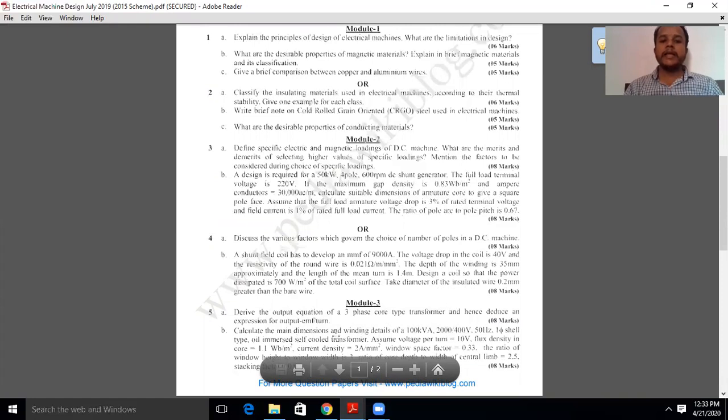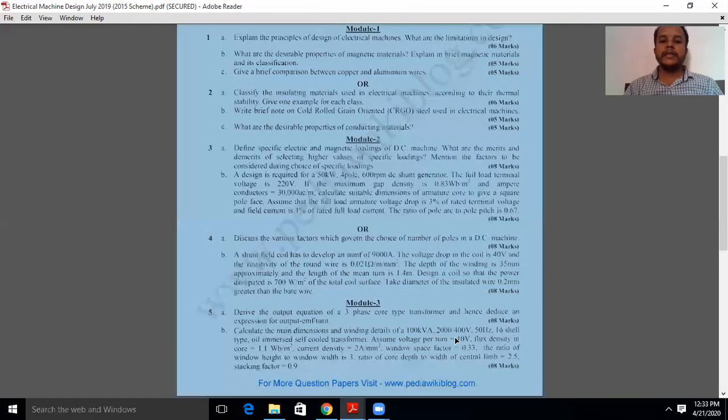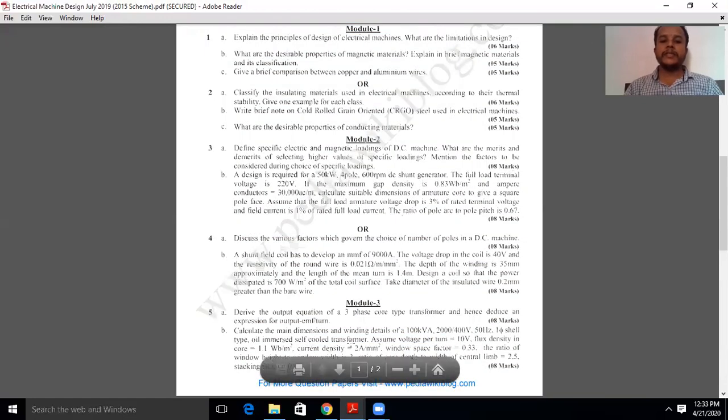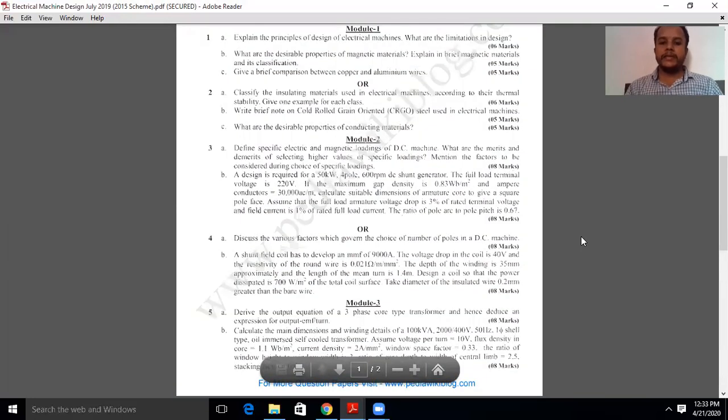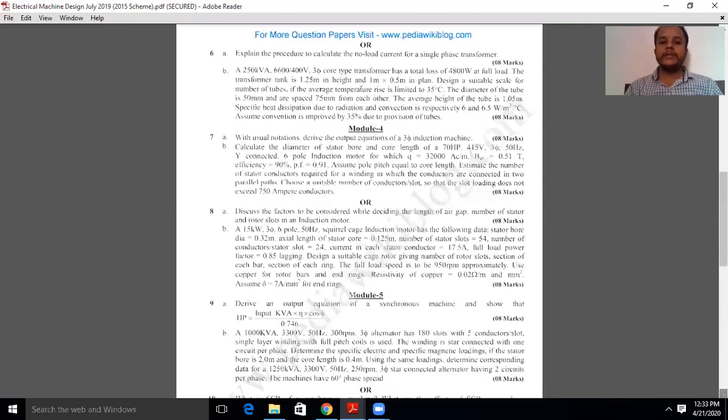Again, calculate main dimensions and the winding details of a 100 kVA single-phase shell-type transformer is asked. Main dimensions. Then here again explain the procedure to calculate no load current for single-phase transformer. This is the next question.